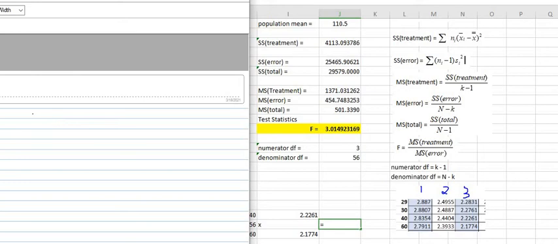We have here 60 minus 40 over 2.1774, which is equivalent to 2.1774 minus 2.2261.